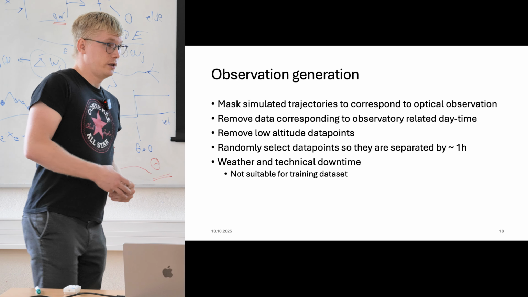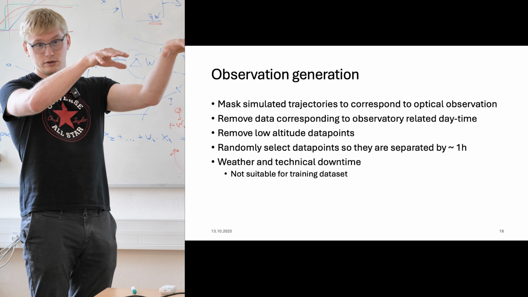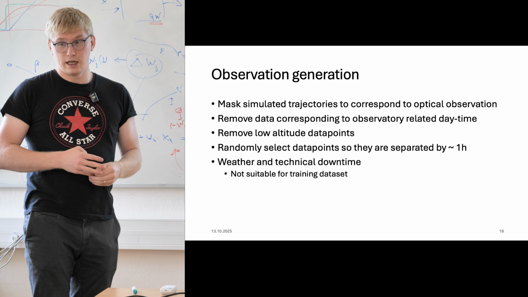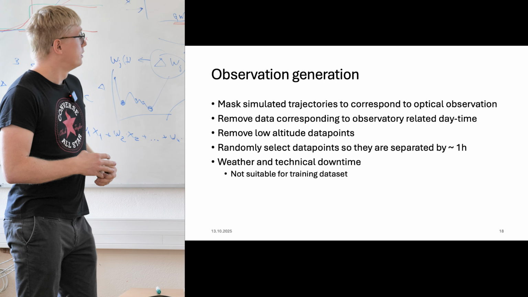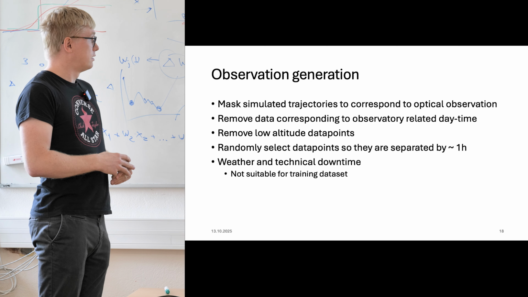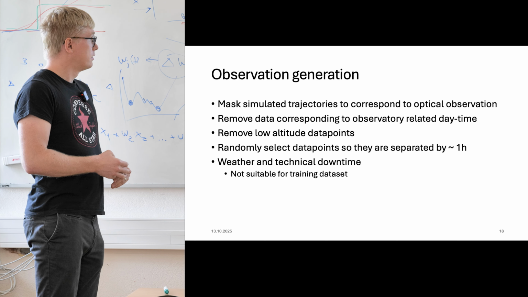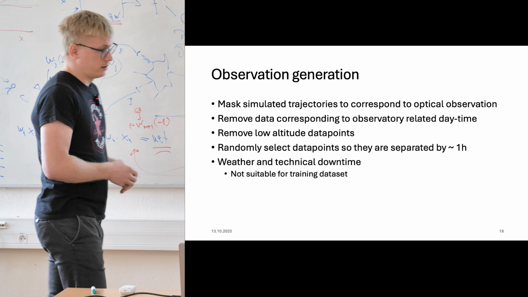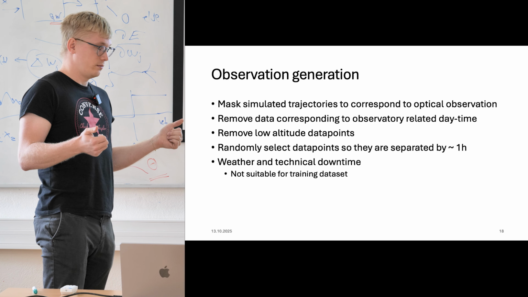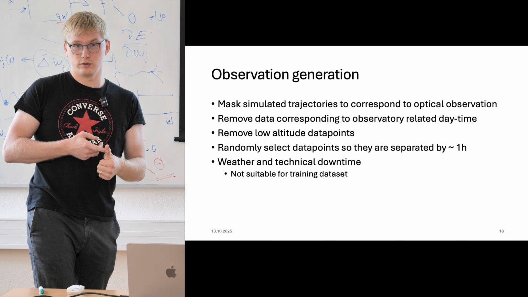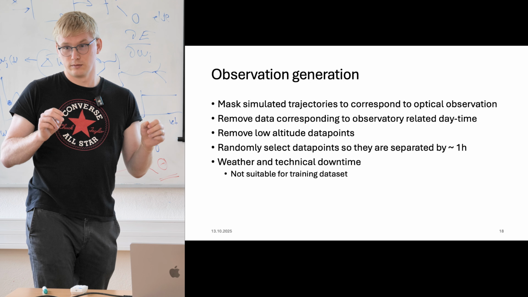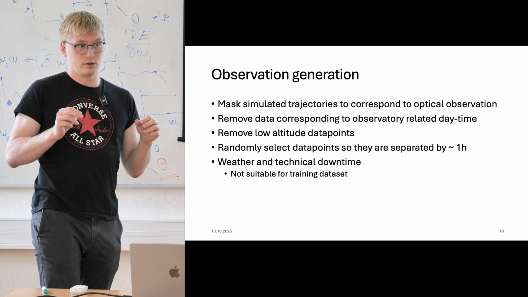To generate the observation, we take the full time series and we use masking to simulate what the physicists observe. If you just want right ascension and declination, you have to select the data points that are in a window that corresponds to night.